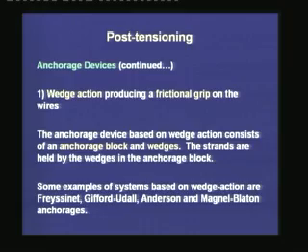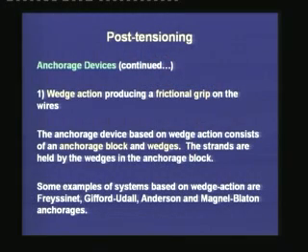Now, there are several patented systems of this wedge based anchorage blocks. Some of these systems are the Freyssinet, Gifford-Udall, Anderson and Magnel-Blaton anchorages. The detailed specifications of these anchorage blocks are available in the catalogs, which provide all the geometric specifications, the load carrying capacities, the material used for the anchorage blocks.